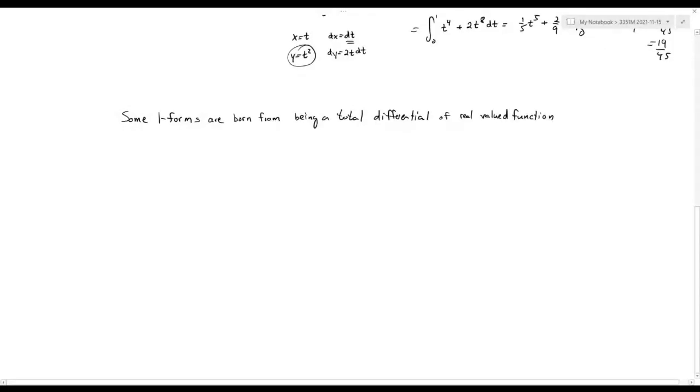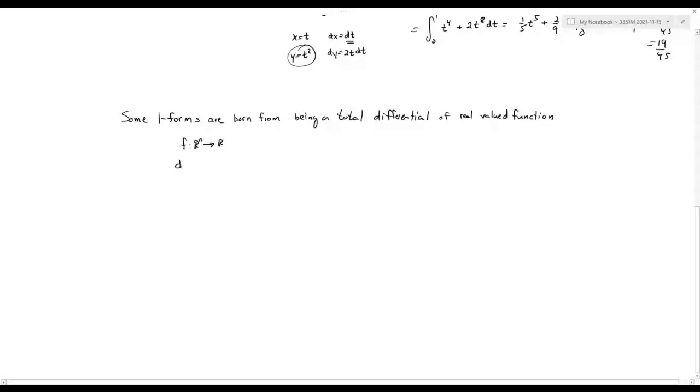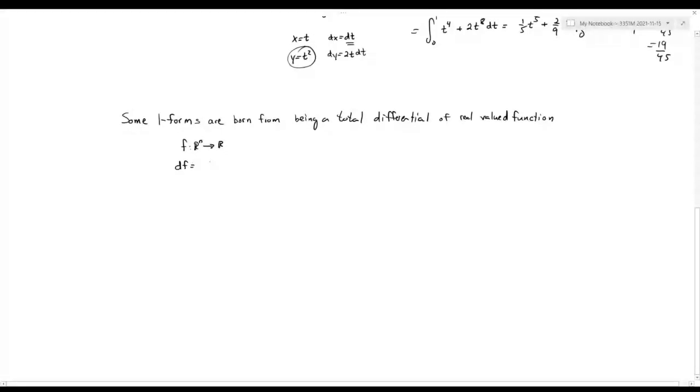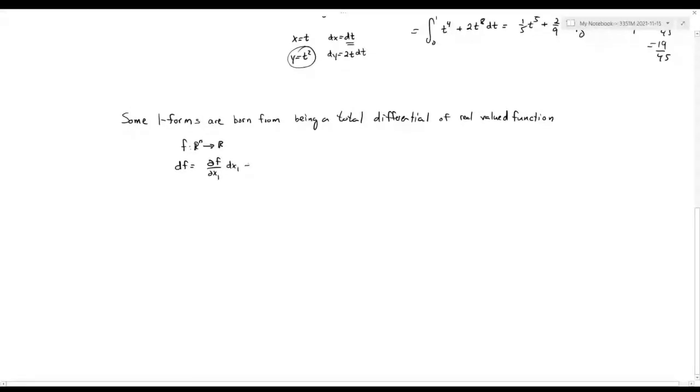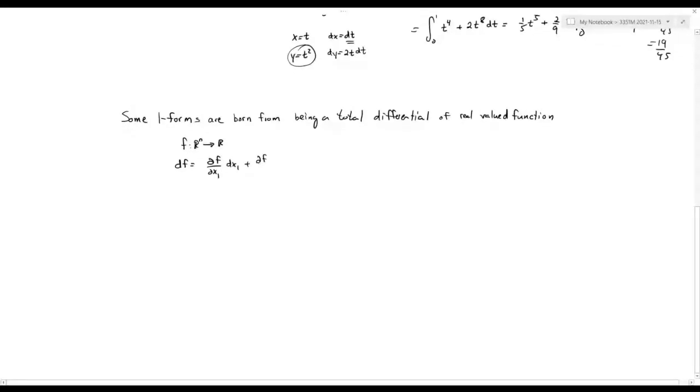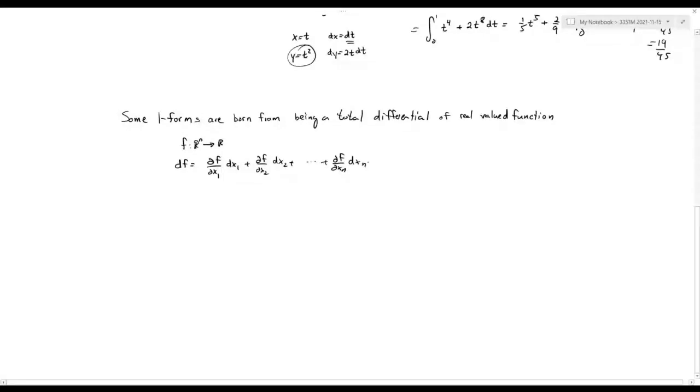So that is to say, there's some real valued function f that's differentiable. And if you compute the total differential, what you get is the derivative of f with respect to the first coordinate times dx1 plus the derivative of f with respect to the second coordinate dx2 and so on. You notice that this is indeed a one form on Rn.